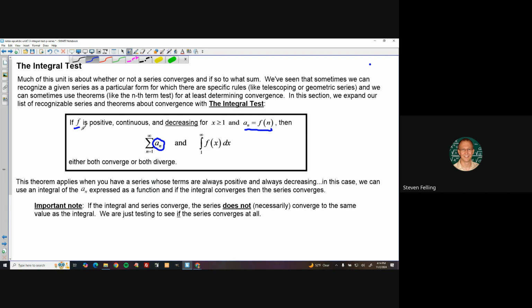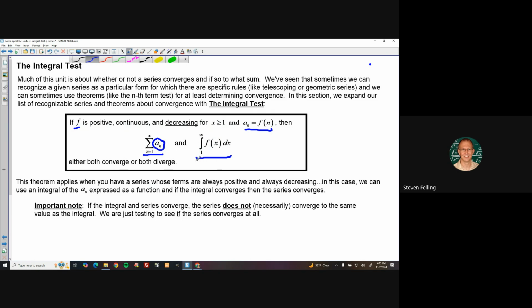If that function that represents the generating rule is positive, meaning all the terms in the series are positive, continuous, and decreasing for all of the x's, which would be the indexes n equals 1, 2, 3, then the series and the improper integral from 1 to infinity of that generating rule either both diverge or both converge.